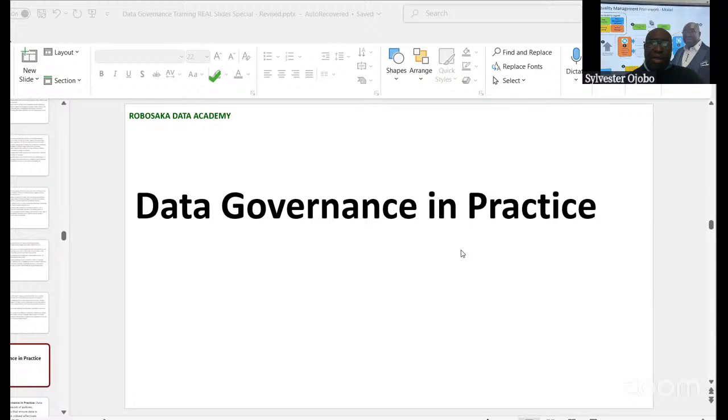So assignment 2 will be how to assess the current situation of data governance using different criteria and components of data governance to know which one has met the business needs. We're going to do that in assignment 2 in data governance in practice and best practice as well.